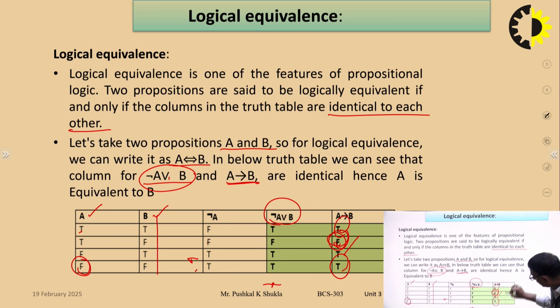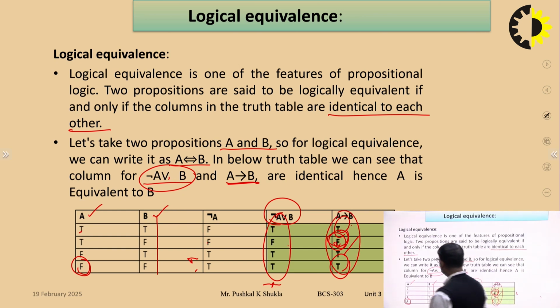So, in this column, A implication B, and negation A or B, TFTT, it means that this column and this column have the same truth values. So, we can say that these are logically equivalent.